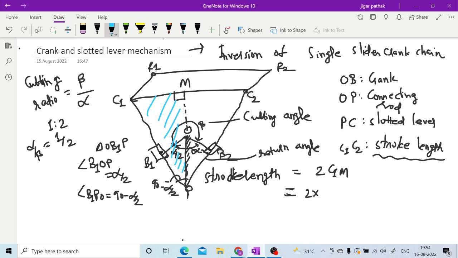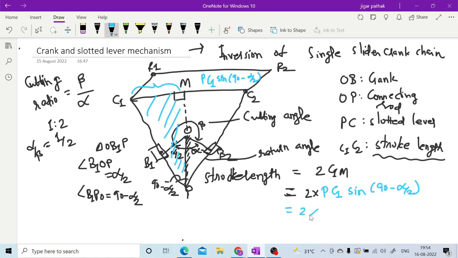So if you want to calculate this distance C1M, then C1M is nothing but PC1 sine 90 minus alpha by 2. So C1M is PC1 sine 90 minus alpha by 2.